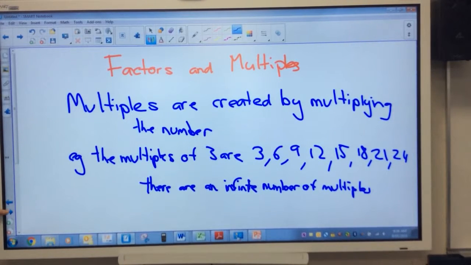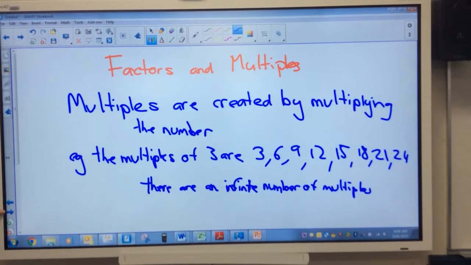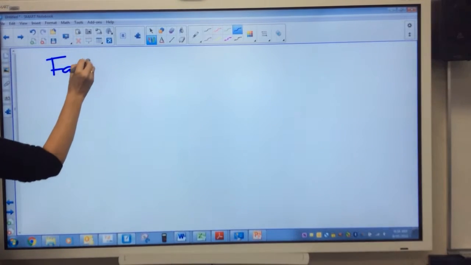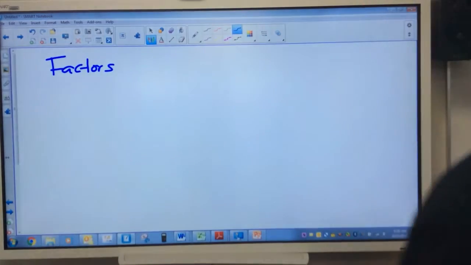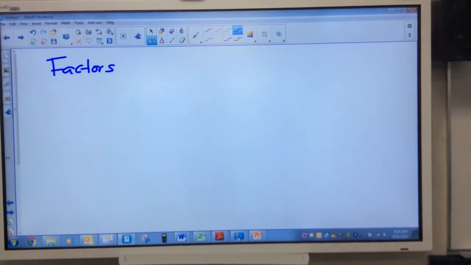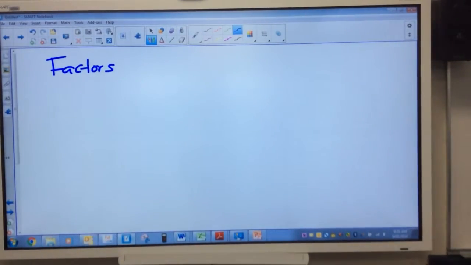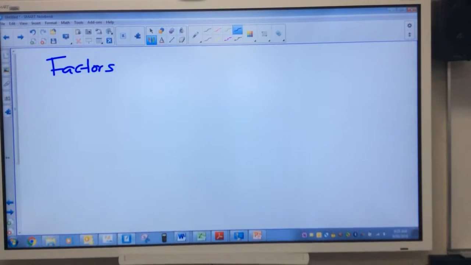Okay, let's talk about factors. So let's look at factors. Okay, so factors are things that divide evenly into the number.